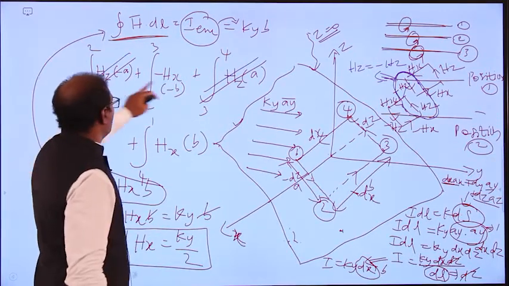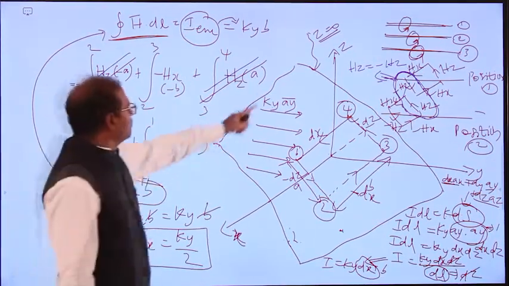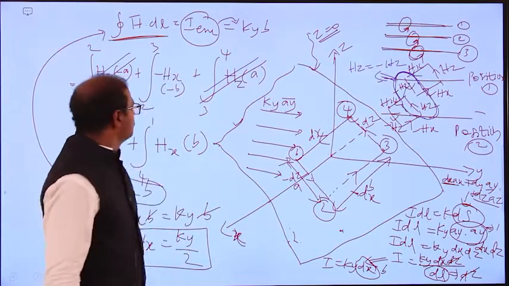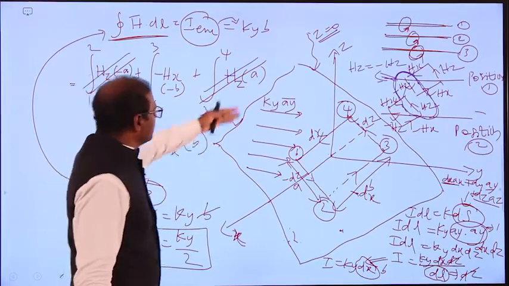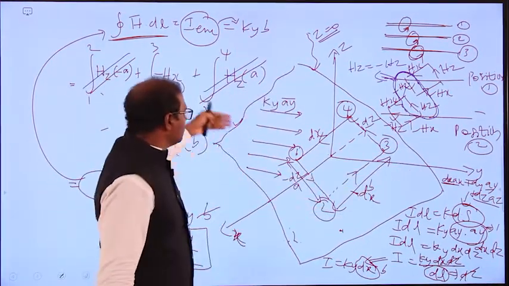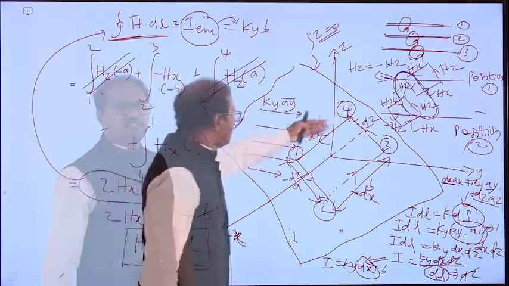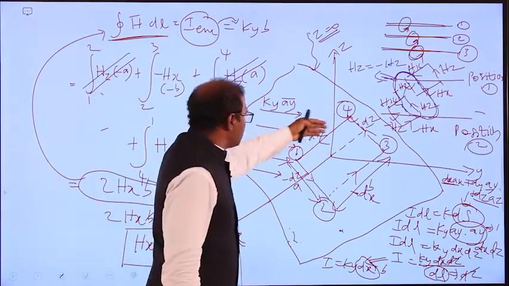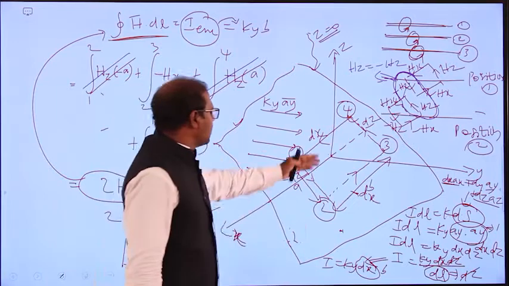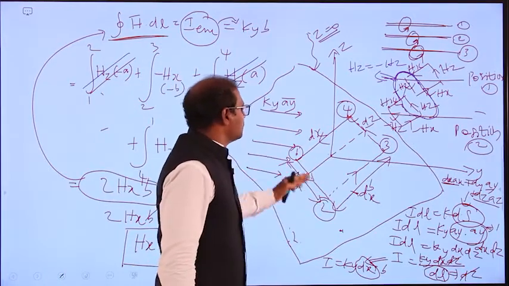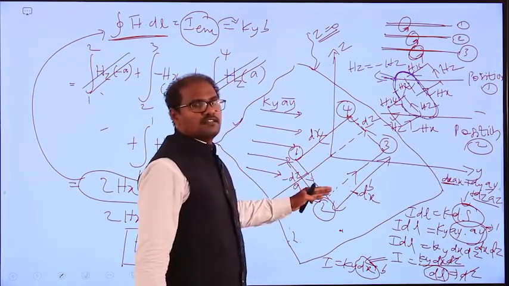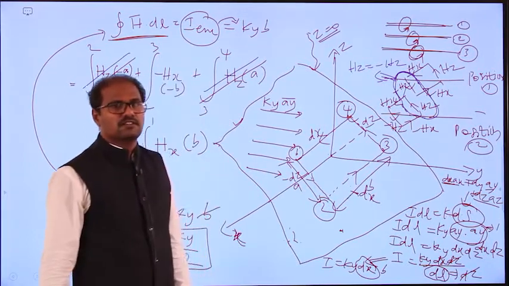So far you understand that if you take the infinite sheet, we allow the current in the y direction. The current is moving along the ampere path. In the ampere path you have to calculate how much magnetic field intensity is present.